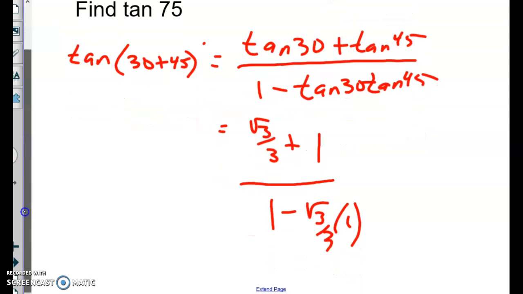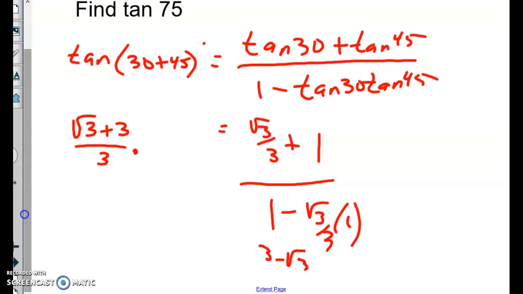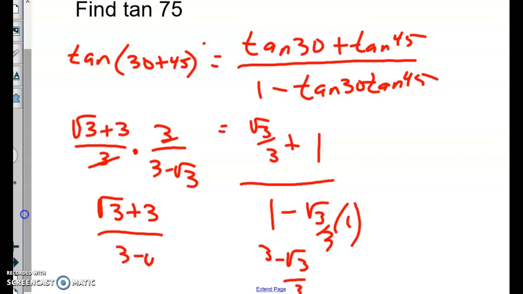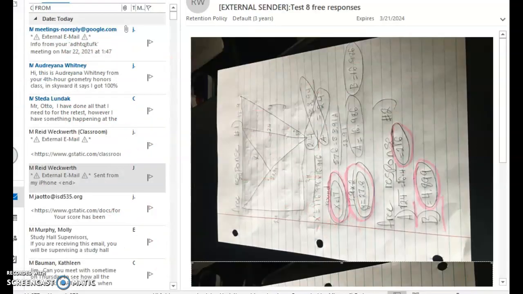And so my answer is square root of 3 plus 3 over 3 with a common denominator times the reciprocal, which would be, there's my bottom, so I'm going to reciprocal, it'll look like this. 3's go away and I'm left with 3 plus square root of 3 plus 3 all over 3 minus the square root of 3.